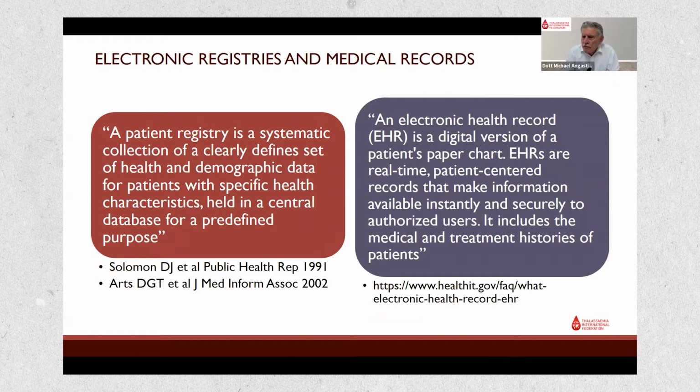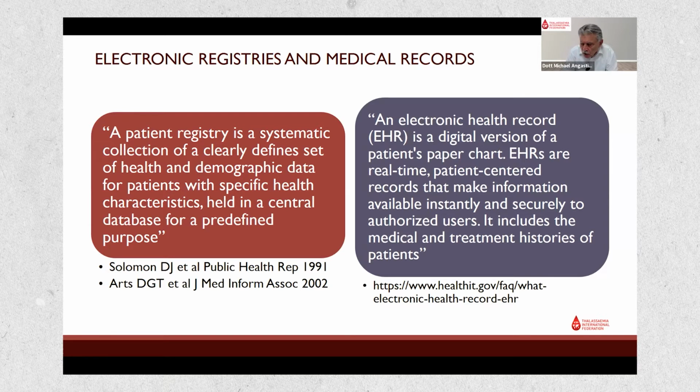How do we gather this information? There are two kinds of registries, if you like. One is a patient registry, what we call, which is a collection of clearly defined set of data, which most certainly will include demographic data.